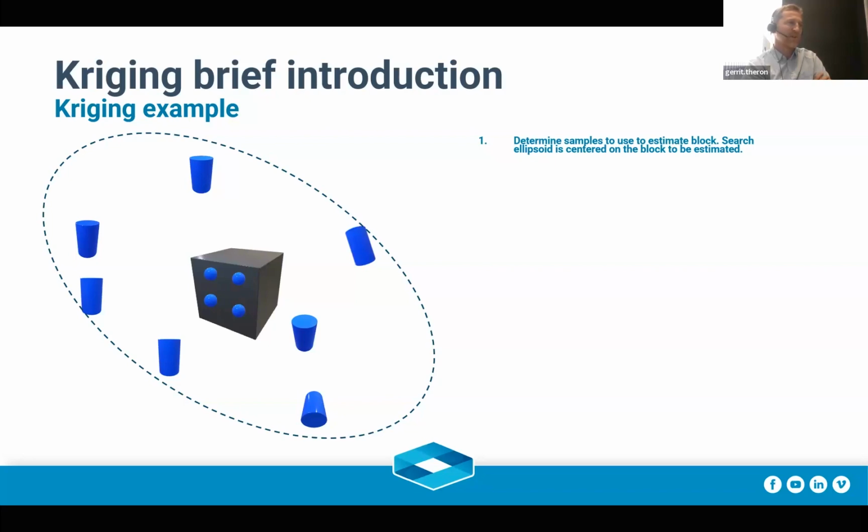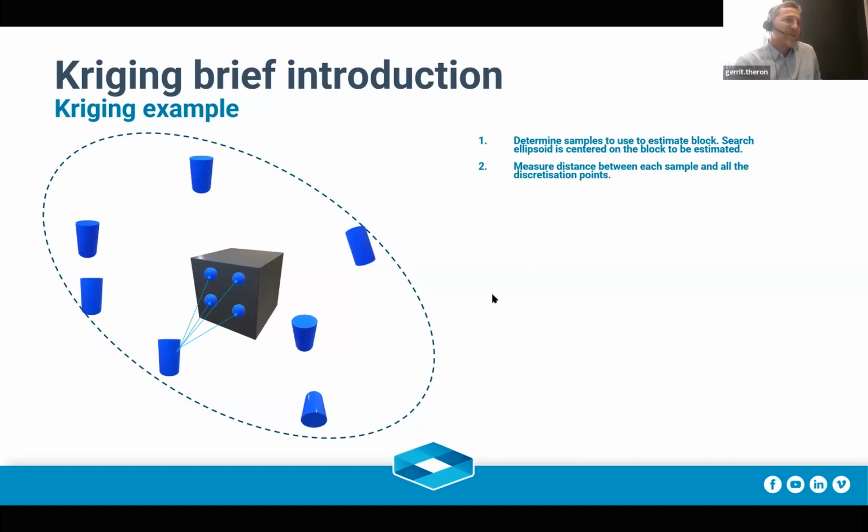We can obviously divide that ellipsoid into octants and sectors and make it more selective, but that can also introduce all sorts of unnatural artifacts. We can also expand that search volume, which also might introduce some unnatural artifacts. So let's keep it simple for now, but that's basically the first step. We select the samples and the orientation of the search ellipsoid.